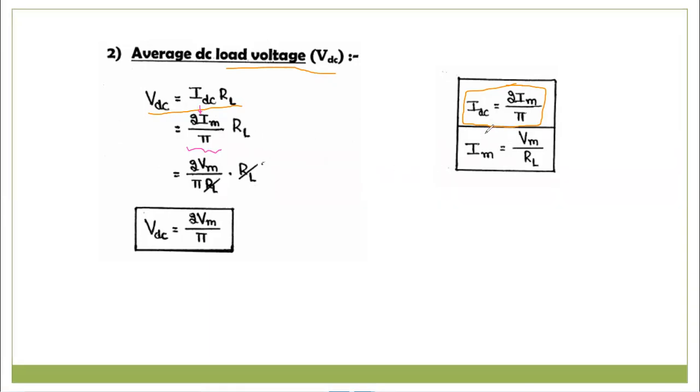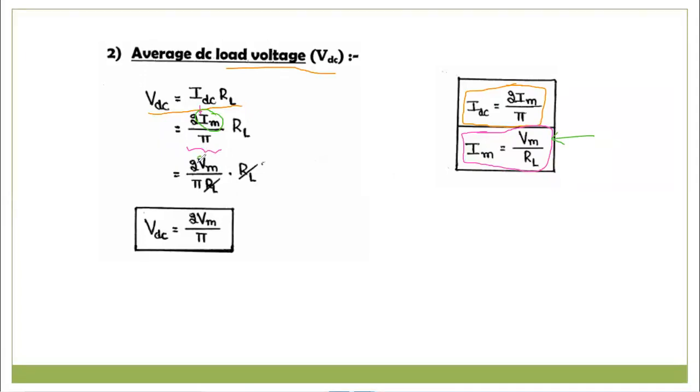Now, what is Im? Im is nothing but the current flowing through that load, which we can obtain as Vm by RL. So this Im value is replaced by Vm by RL.